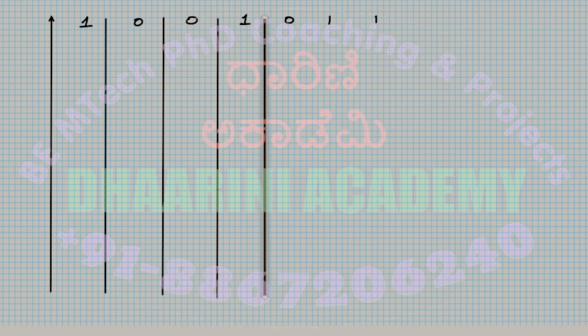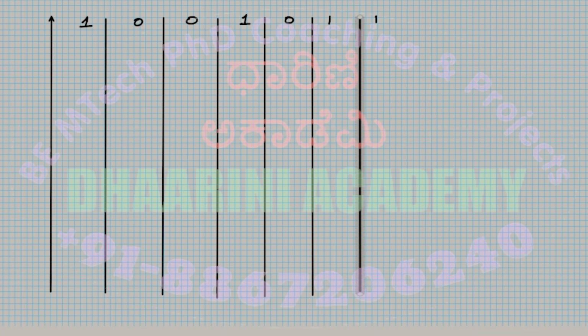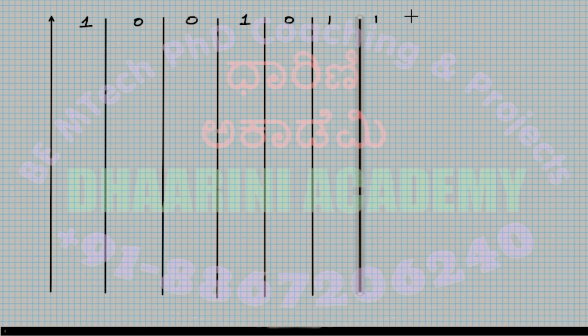Now this is for the bit 0. Then we have another bit, say 1, and the last bit, that's also 1. So this is the bit sequence I want to send.